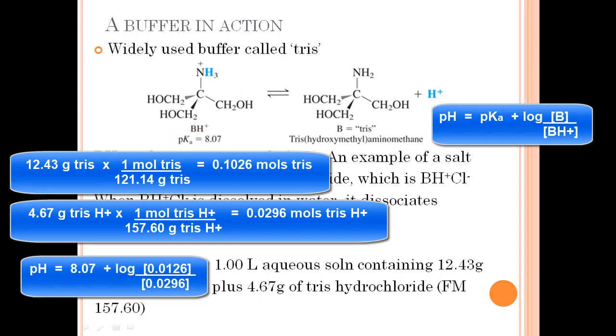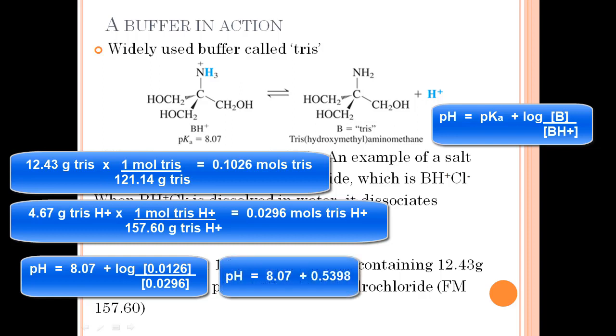So pH is equal to 8.07 plus the log of 0.1026 divided by 0.0296. I divide those two numbers, I take the log, and you should get 0.5398, and so on and so forth. You add that number to your 8.07, and you'll end up getting 8.61.